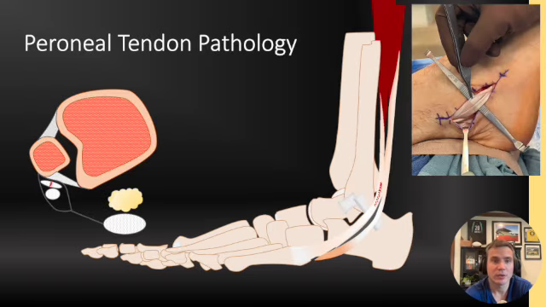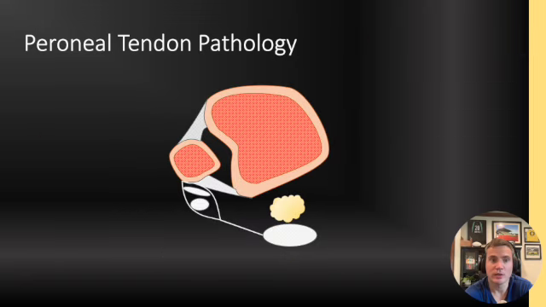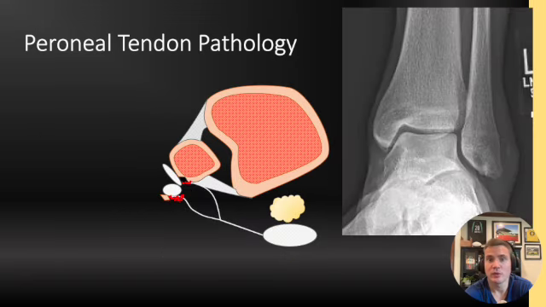Peroneal tendon pathology occurs very frequently with a similar mechanism where they roll the ankle, and so be aware of possible split tears of the peroneal tendons or even subluxation or dislocation. Taking care to look at that AP x-ray or mortise x-ray and looking for a fleck sign off the fibula can be a really good way to dig in and figure out if that's the case or not.